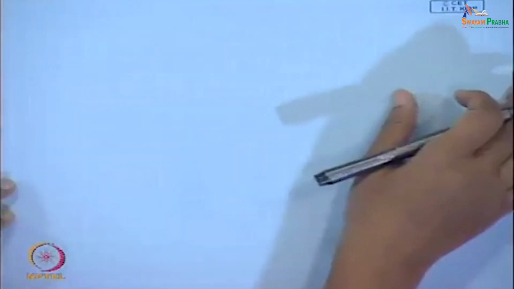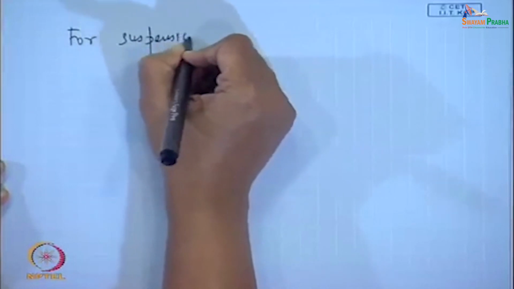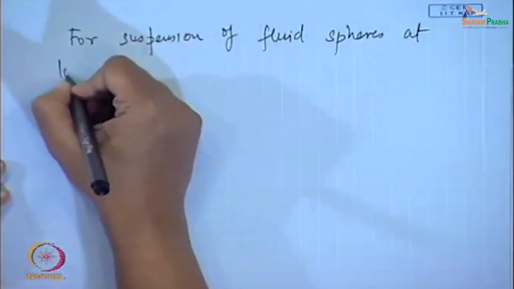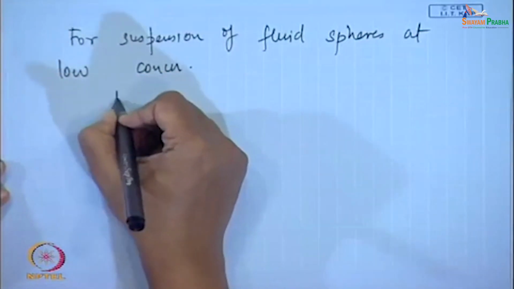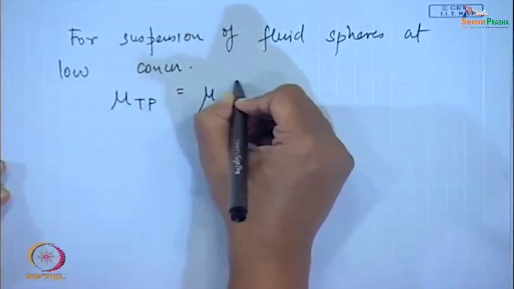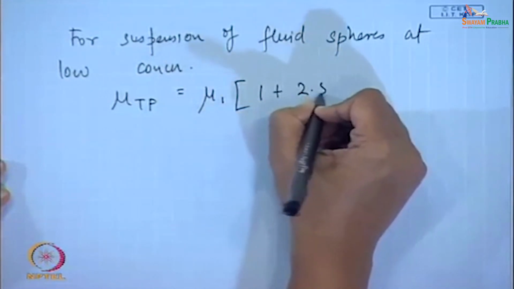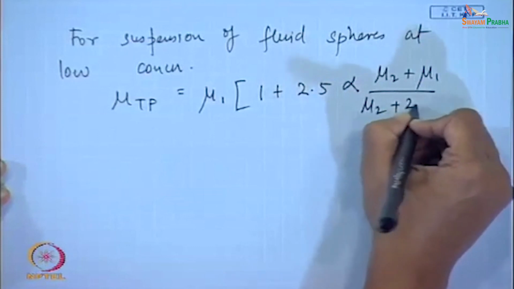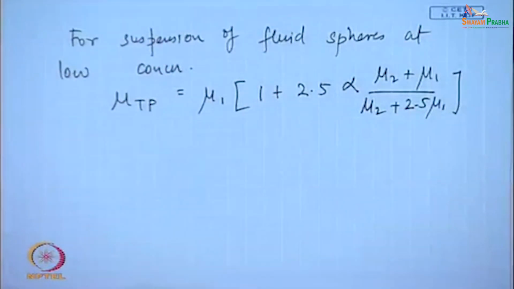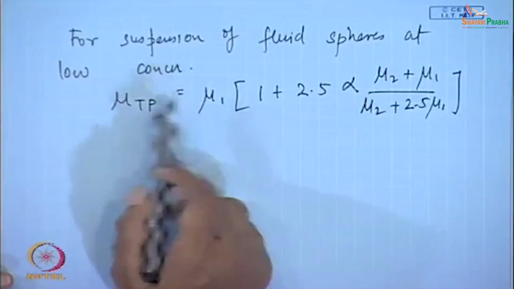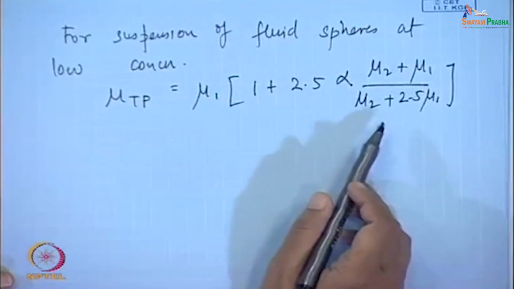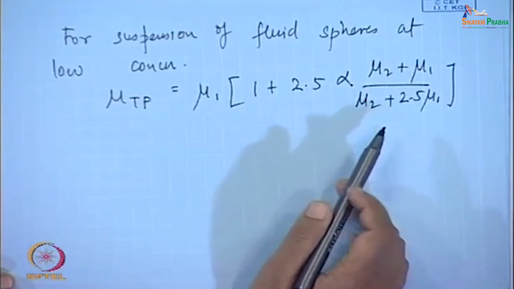Now, as I was telling, for suspension of fluid spheres at low concentration, we have generally mu Tp equal to mu 1 into (alpha mu 2 plus mu 1) by (mu 2 plus 2.5 mu 1)... This has been derived as the equivalent expression of the two phase viscosity for a suspension of fluid spheres at low concentration. Okay.